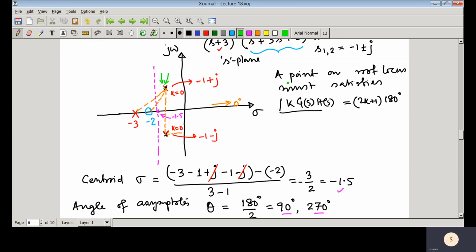Then that point would be on the root locus if it satisfies the angle criteria. So the angle criteria means we need to find the angle contribution of each pole and zero.